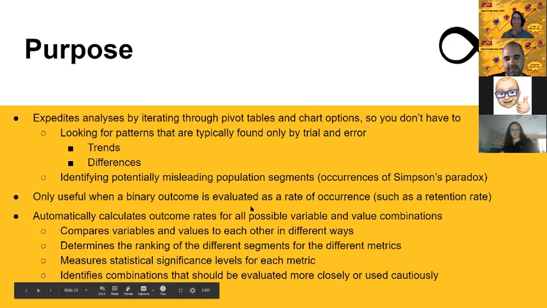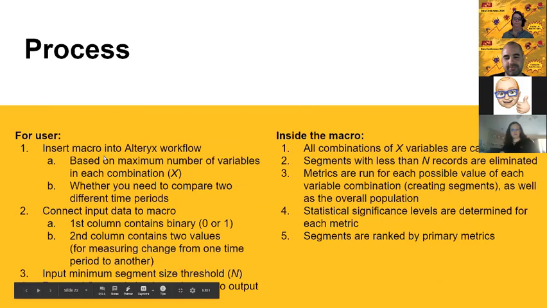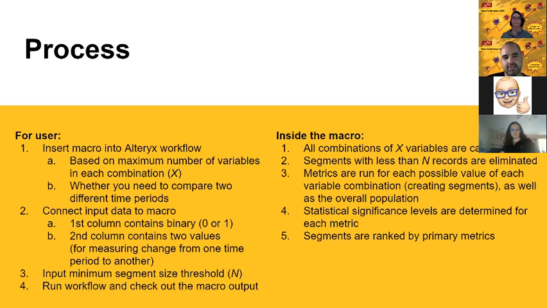Okay, so from the user side, it's a macro. So you just stick it in your Alteryx workflow. There is a parameter you can use to indicate the minimum segment size. So what is the smallest number of students that I want to filter this down to?